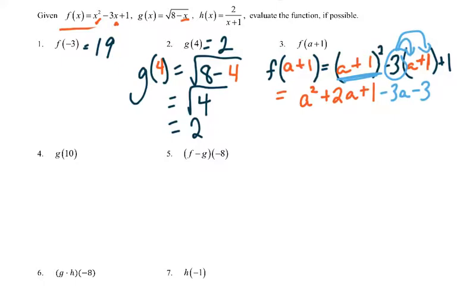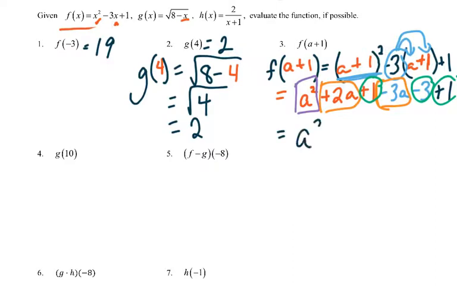And then I still have that plus 1 on the end. Now I can combine my like terms. I only have one a squared term. I have these a terms. And then I have the green circled constants.